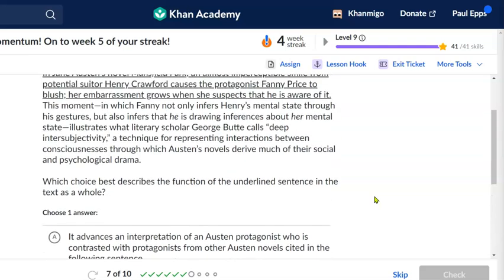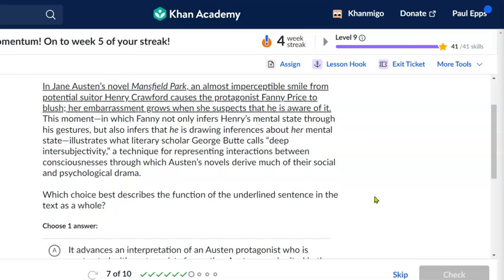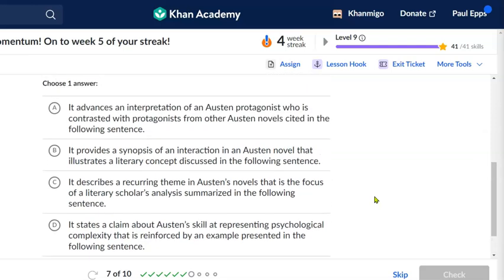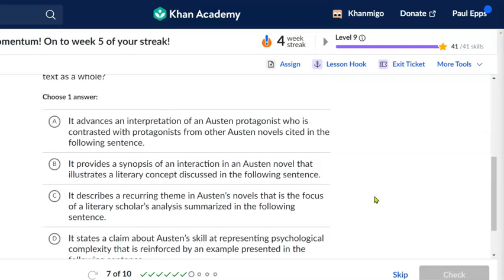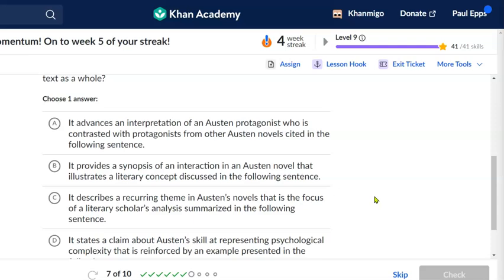Well, it does sort of say it's a recurring theme. Austen's novels derive much of their social and psychological drama, but that's not in the first sentence. So, no, I wouldn't say the first sentence describes a recurring theme. D, it states a claim about Austen's skill. No. So where are we? B, synopsis of an interaction illustrates a concept in the following sentence.